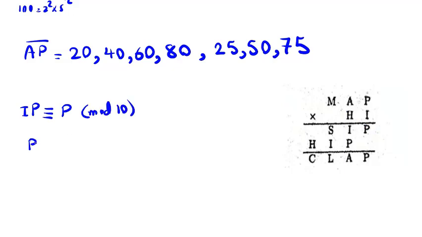So you can say P times (I minus 1) is congruent to 0 if you take P to the left-hand side. And when it is 0 mod 10, one of them is 1, for example I is 1, or one of them should be 0 or 5 because it's mod 10.